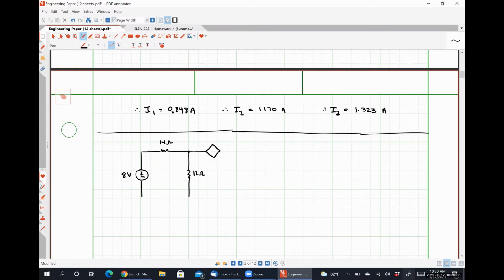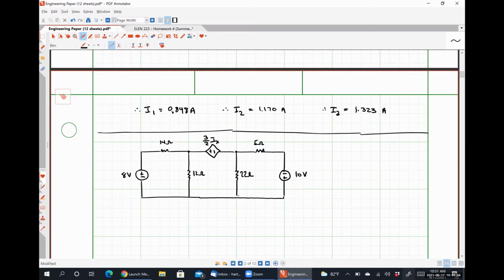Here's my dependent source, providing me 3/2 IX amount of voltage across the terminals of that guy. Then I have my 22 ohm resistor. Here is my 5 ohm resistor. And here's my 10-volt source. And then I just have that common line down here at the bottom.